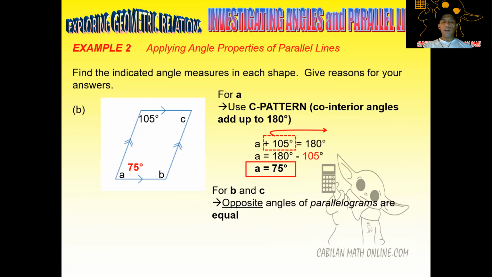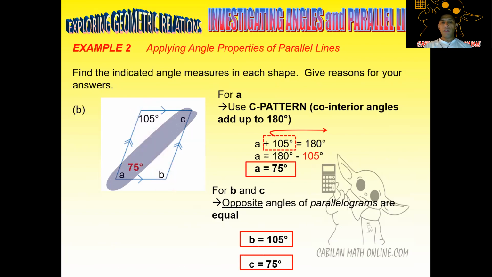So angle B would be 105 degrees, and the opposite angle to A would be 75 degrees. What I just did can only be done with parallelograms. You're actually going to see this later on in this chapter as well, so you'll see this again.